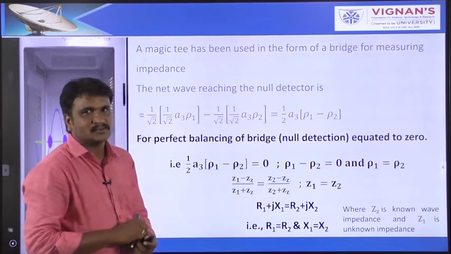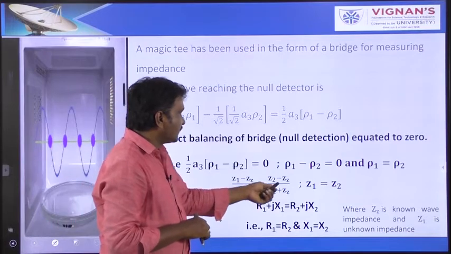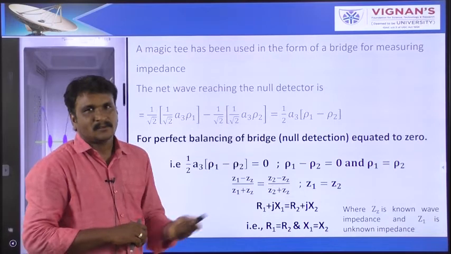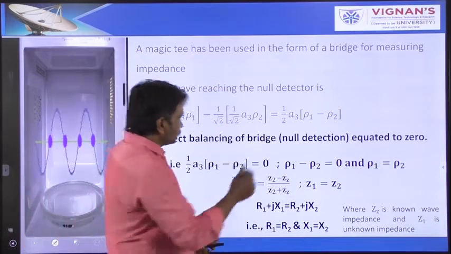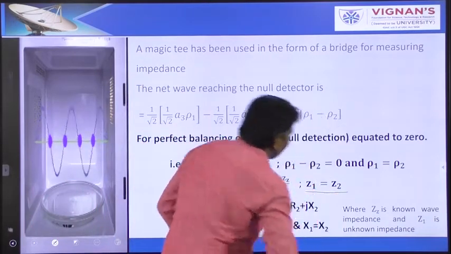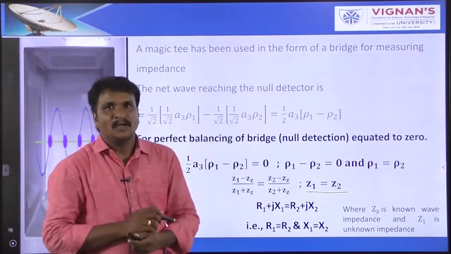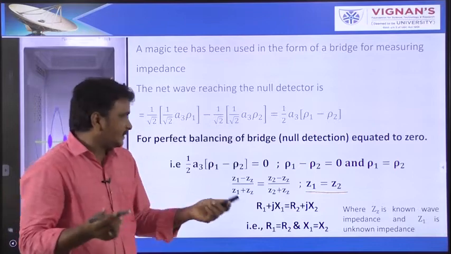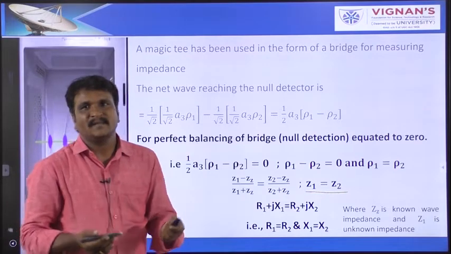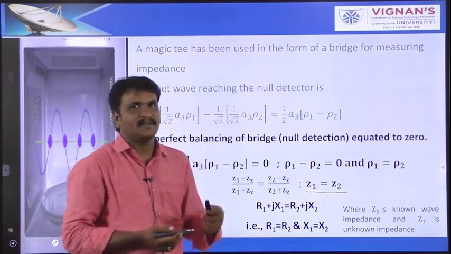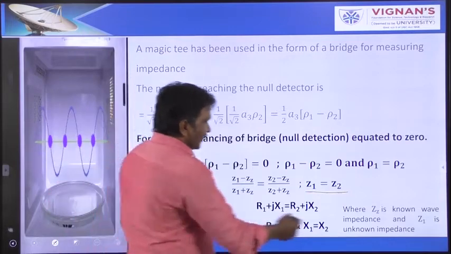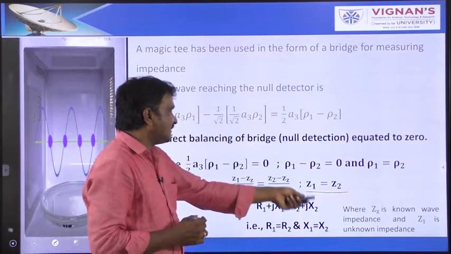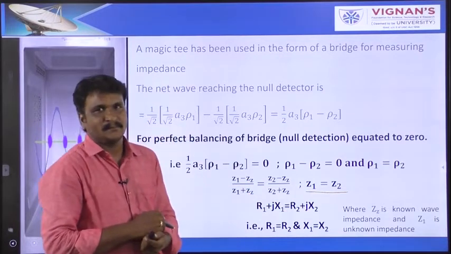In the same way, (Z2 minus ZZ) by (Z2 plus ZZ) is rho 2. Okay, so only if your Z1 impedance equals Z2 should the null detector value be 0. So this is the way we can easily find the unknown impedance by using the magic T. See here, ZZ is the known wave impedance and Z1 is the unknown impedance.